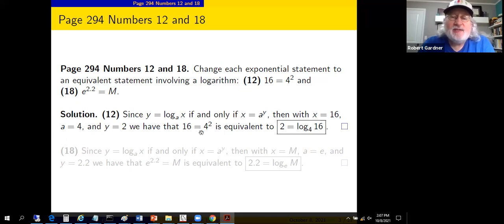Then we can take 16 equals 4 squared and rewrite it in the form y equals log base a of x, with this value of x, this value of a, and this value of y. So we'll get 2 equals log base 4 of 16. It's just a matter of taking the definitions and matching up the letters, the x, the y, and the a.